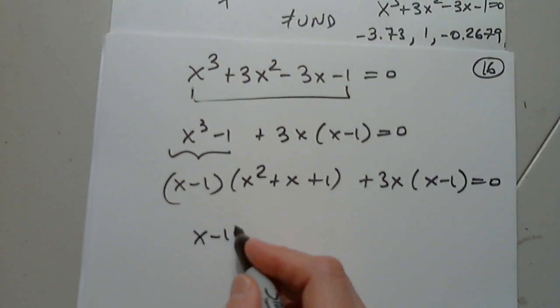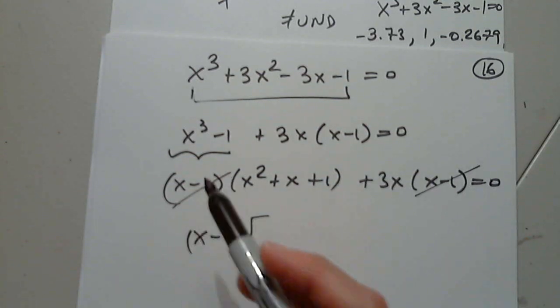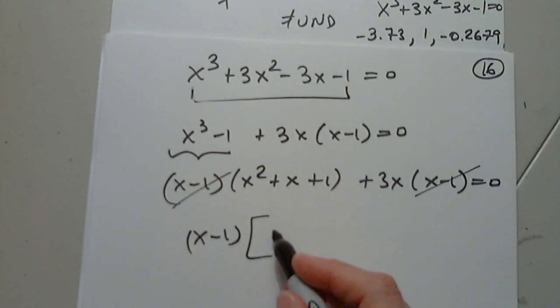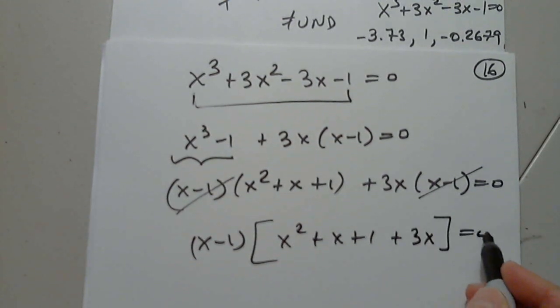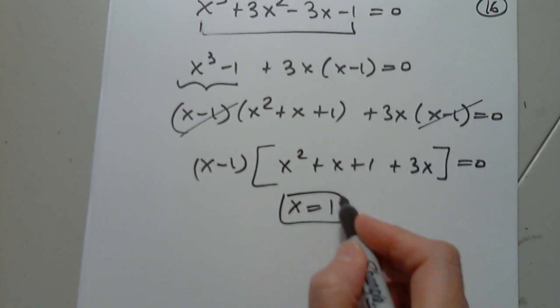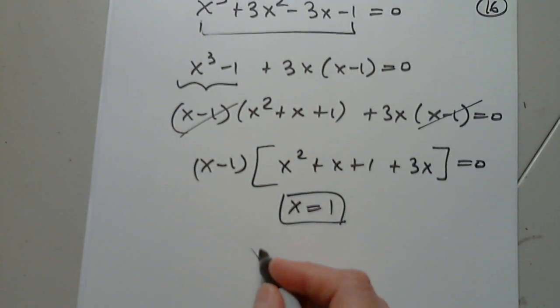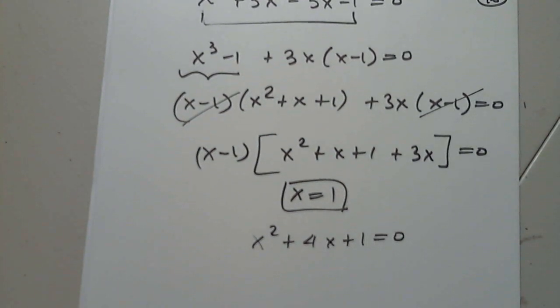So then x minus 1 is what we already obtained here. So these are gone because I factor it out. So I have x squared plus x plus 1 plus 3x equals 0. So first solution is 1 indeed. But here we have x squared plus 4x plus 1 equals 0.